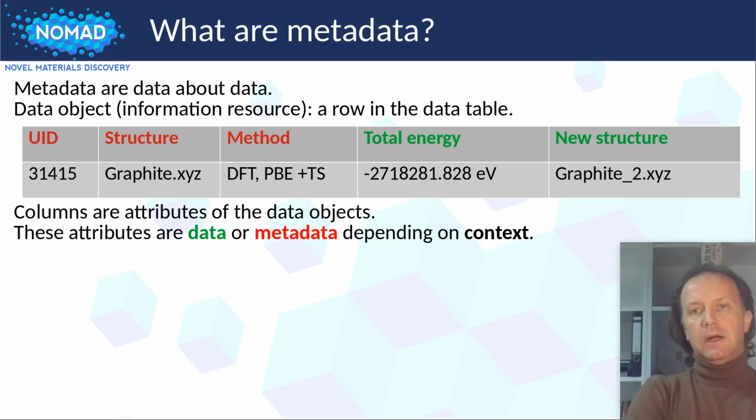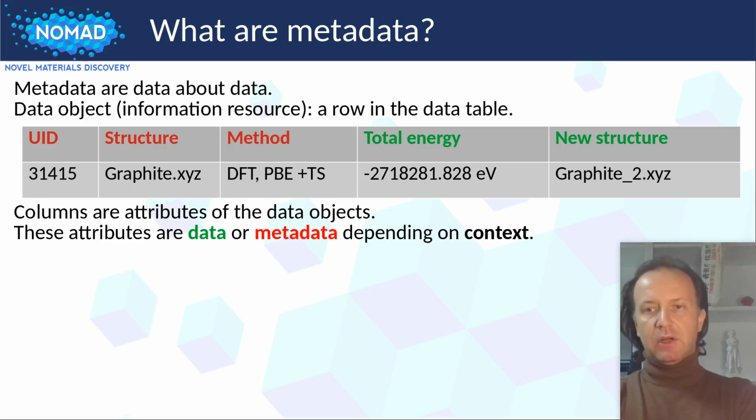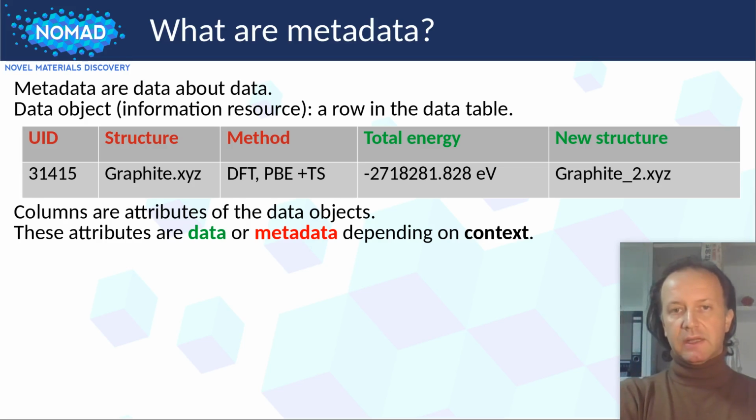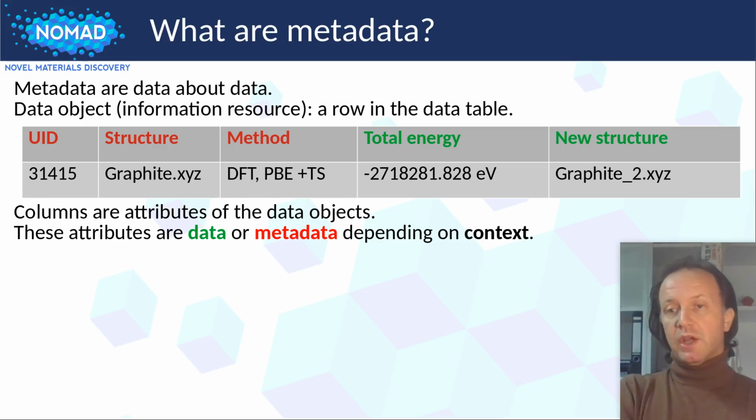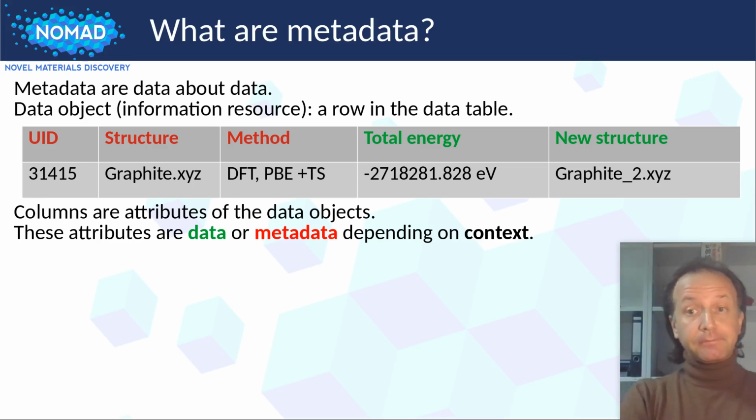Now, these attributes can be called data or metadata depending on the context. So here I colored differently what is supposed to be metadata in this context and what is data, and I also add a new column saying that, for example, in the calculation one has also produced a new structure, by calculating forces on the atoms and then relaxing or doing some molecular dynamics, so you have a new structure.